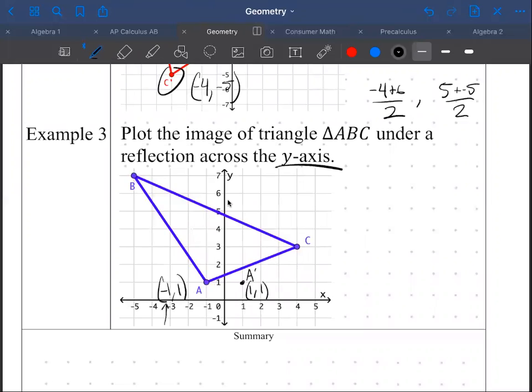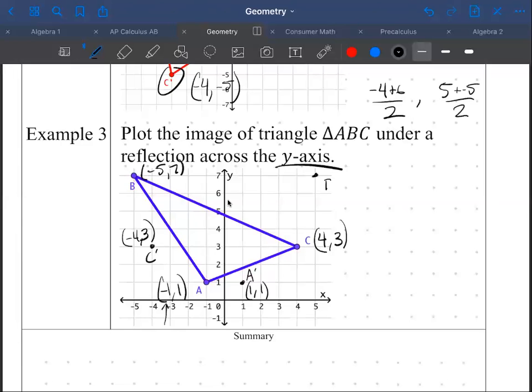C has coordinates 4, 3. Take the opposite of 4, -4, and you get your answer. So -4, 3 up here, and that is our C prime. And then B prime, originally B was -5, 7. Take the opposite of the x coordinate, you get +5, 7.